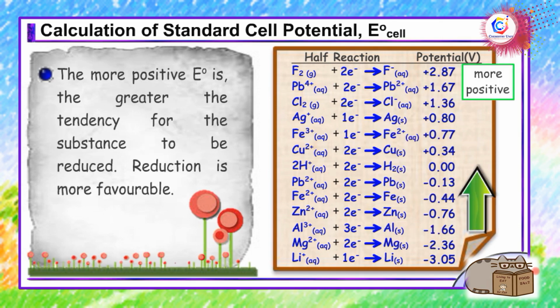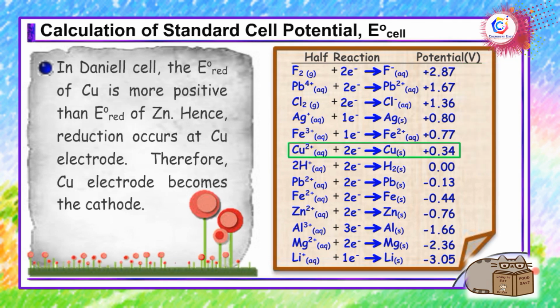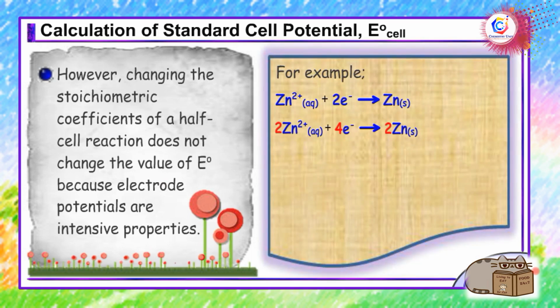The more positive E0 is, the greater the tendency for the substance to be reduced. Reduction is more favorable. In the cell, the E0 reduction of copper is more positive than E0 reduction of zinc. Hence, reduction occurs at copper electrodes. Therefore, copper becomes the cathode.